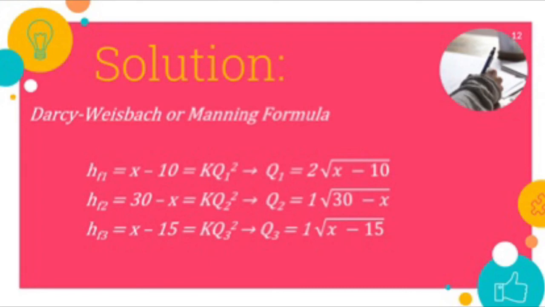So for our equation number 1, flow rate is equal to minor loss square root of X minus 10, or flow rate is equal to 2 square root of X minus 10. For equation number 2, we have flow rate is equal to 1 square root of 30 minus X. And lastly, for our equation number 3, flow rate is equal to 1 square root of X minus 15.